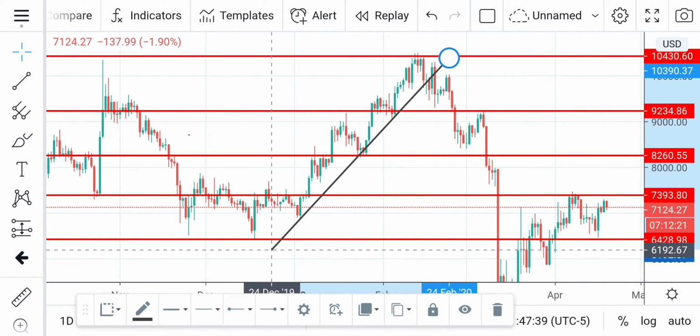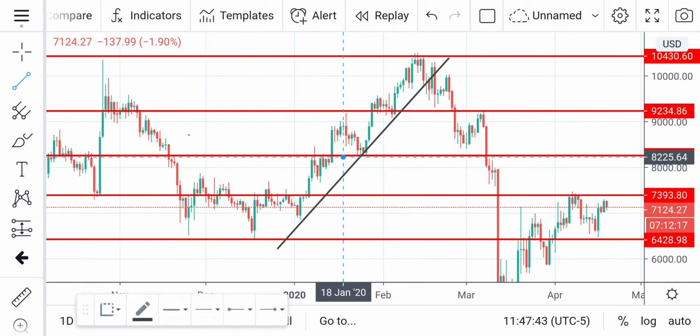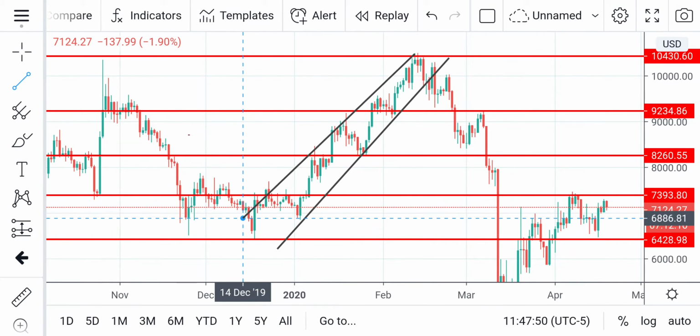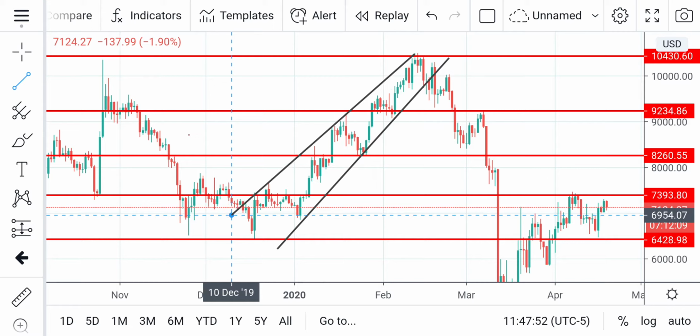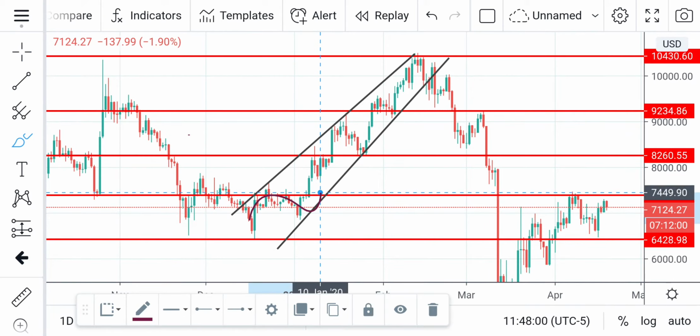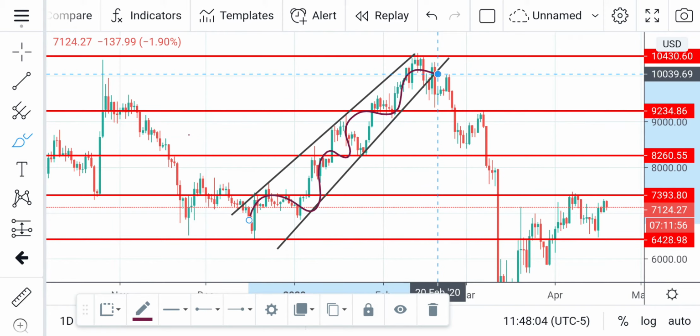Though it's not that perfect, I'm just trying to use it to give you an example. That's guiding you, and you can see that the price is moving within this channel. So this is an uptrend.